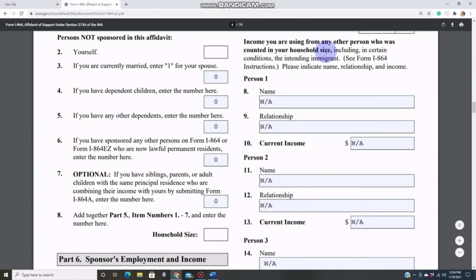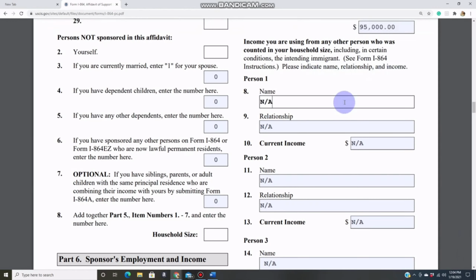Income you are using from the other person who was counted in your household size, including in certain conditions the intending immigrants. See Form I-864 instruction. Please indicate name, relationship, and income.